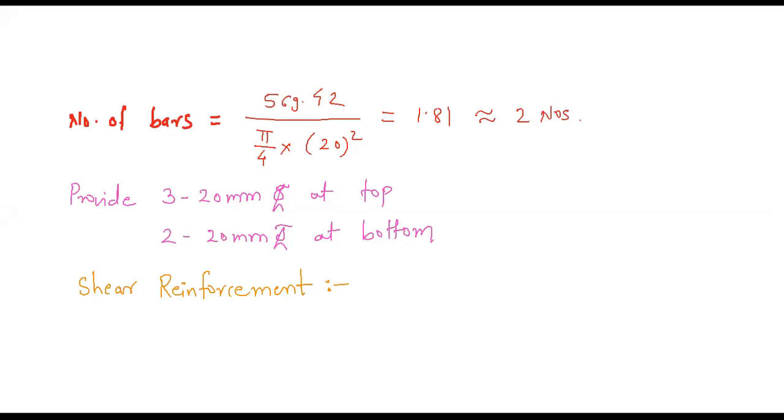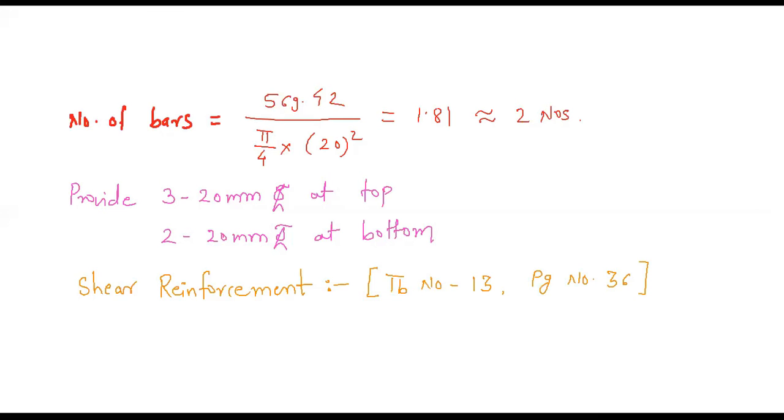That is the most important thing. For the shear reinforcement, always remember that for continuous beam and continuous slab, we always use Table number 13. You need to go to page number 36. We are always going to use this Table number 13.